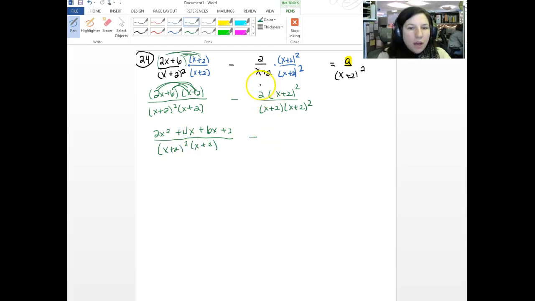And then here, this is one trap they've set up. A lot of students are just going to go ahead and distribute that 2, but this is 2 times x plus 2 squared. So there's 2 of these. Okay, so don't fall for that trap there. So then this one is going to stay the same. Sorry, we can simplify. 4x plus 6x is 10x.